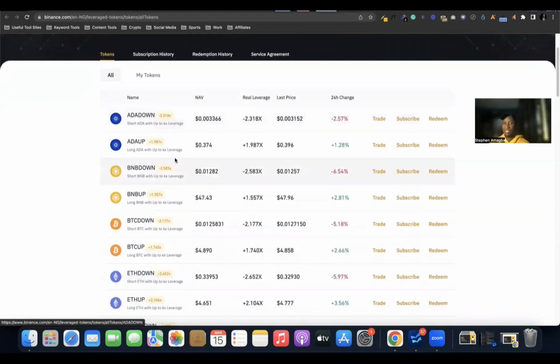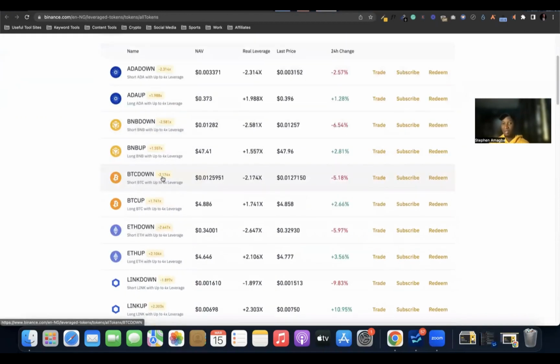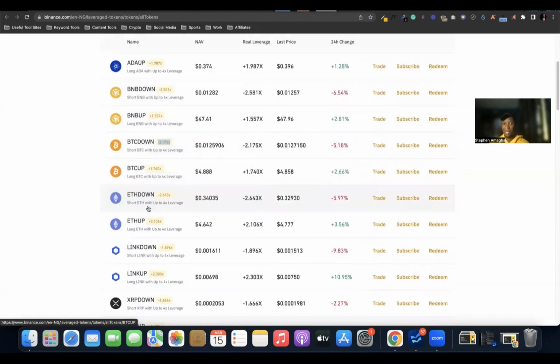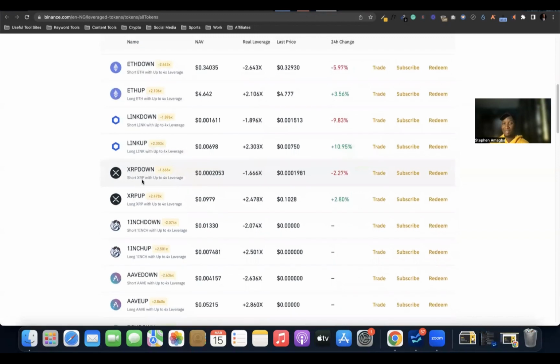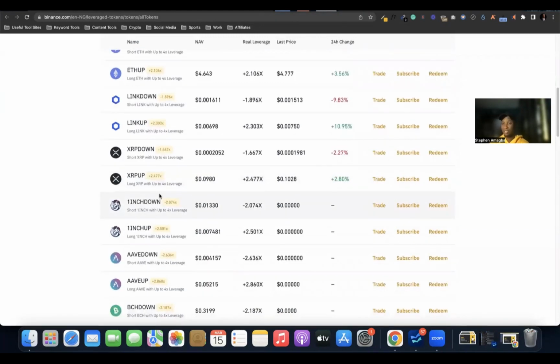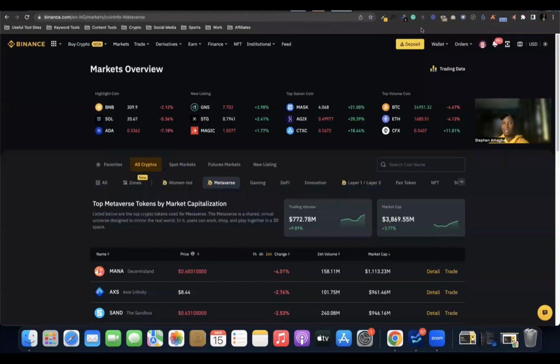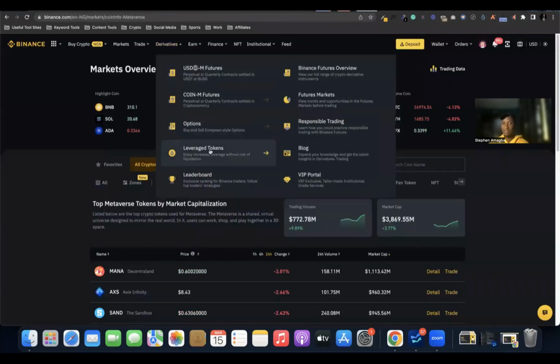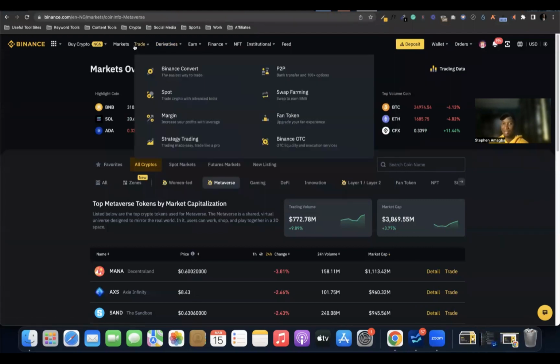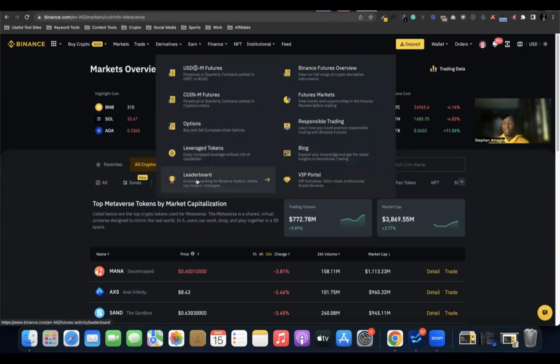Okay, so when we say BTC down, okay, you can trade it with leverage as you can see here. Okay, but you can only use this for shorting BTC, okay? And you can also trade it with leverage. So it applies to everything you see here. So you can see they are usually down, up in all the names. It's only for trading in that particular direction with leverage, okay? So that's basically the main difference between these leveraged tokens, the futures, and the margin we talked about earlier. All right, we also have the leaderboard.